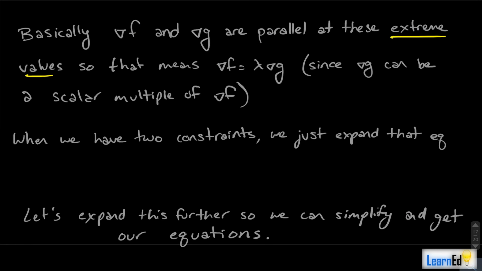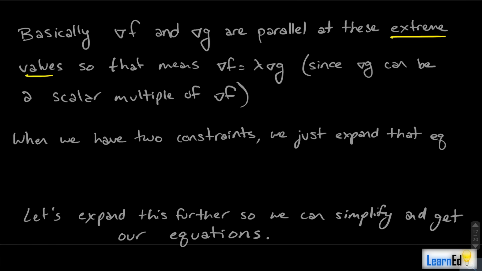Cool. So the idea now, and getting into the application of this stuff, and I'm not going to go into too much depth here at all. Basically, let's say you only have one constraint, and your constraint is a function g, okay, and your regular function is f.